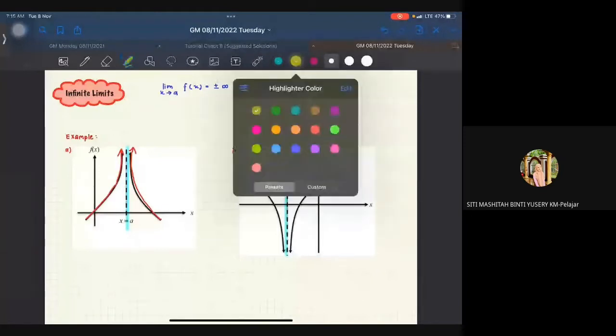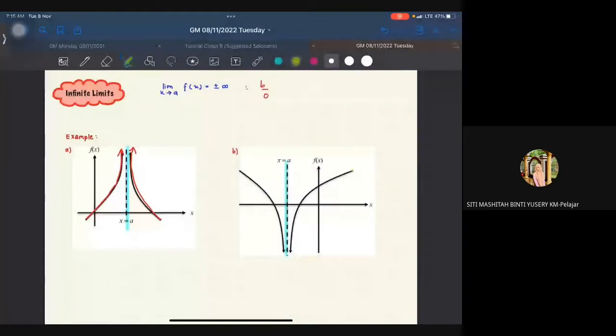So, bila tengok dekat yang sebelah kanan, let's say, this graph, dia datang daripada kanan, comes closer to x equals to a, and then it goes bawah lagi. So, kat bawah ni kita panggil sebagai negative infinity. Okay, and bila tengok belah kiri, so belah kiri datang mendekati x equals to a, and it goes down sampai bawah. So, bawah ni kita panggil sebagai negative infinity. So, this is what infinite limits is all about.